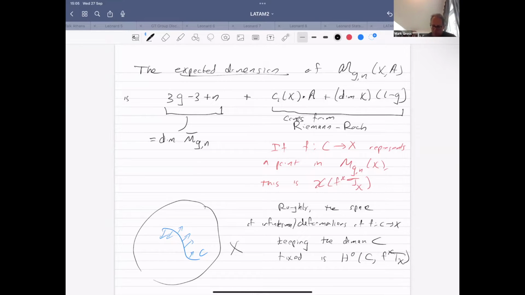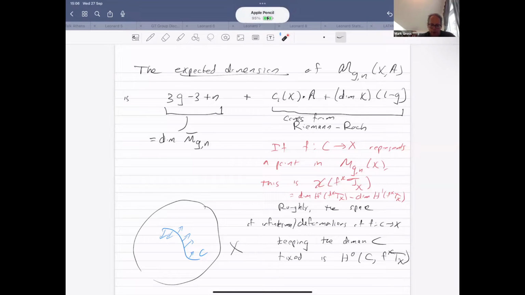Now, of course, H^0 can jump. It might depend very much on what f^*T_X is, but the Euler characteristic, which is the dimension of H^0 of f^*T_X minus the dimension of H^1 of f^*T_X, is well defined independently of the particular map and is given by the Riemann-Roch formula, i.e. is given by this.